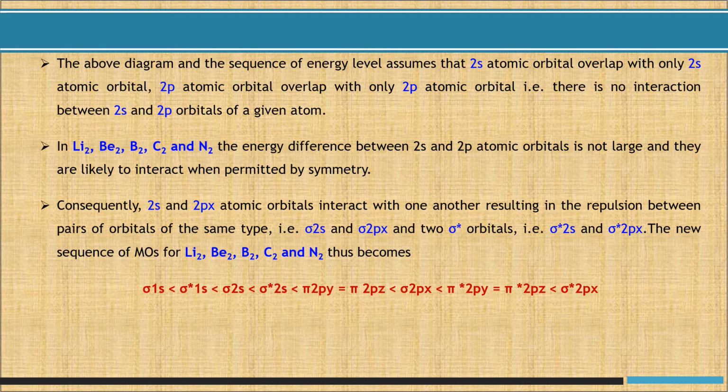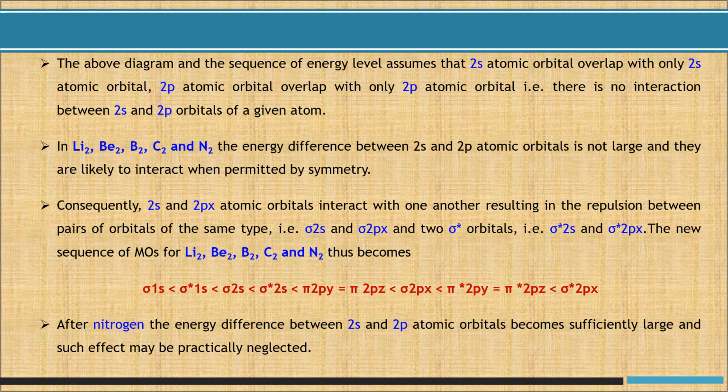The new sequence of molecular orbitals for Li2, Be2, B2, C2 and N2 thus becomes sigma 1s less than sigma star 1s less than sigma 2s less than sigma star 2s less than pi 2py equal to pi 2pz less than sigma 2px less than pi star 2py equal to pi star 2pz less than sigma star 2px. After nitrogen, the energy difference between the 2s and 2p atomic orbitals becomes sufficiently large, and such effect may be practically neglected.